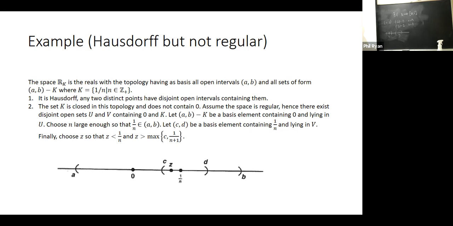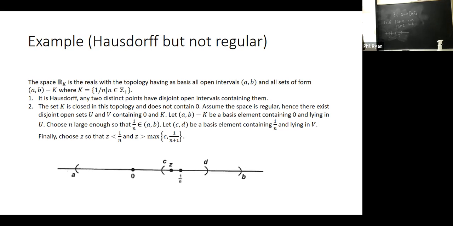It can't be of this type, because it contains 1 on n. So here's our situation. We've got 0, we've got (a, b), we've got (c, d). (a, b) contains 0, (c, d) contains 1 on n, and they're supposed to be disjoint.